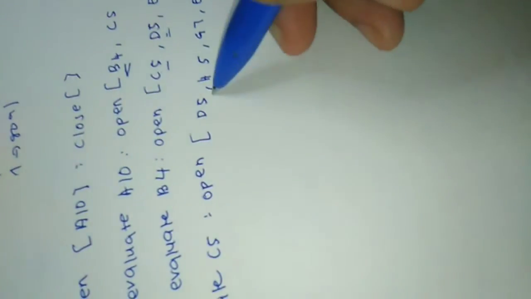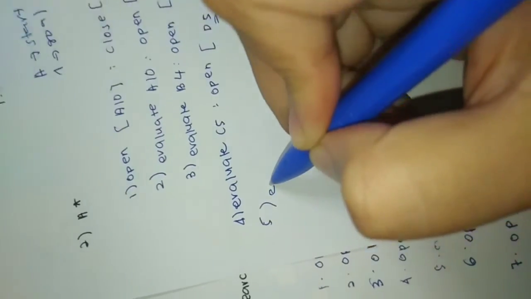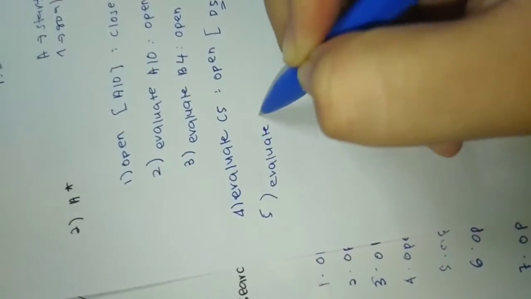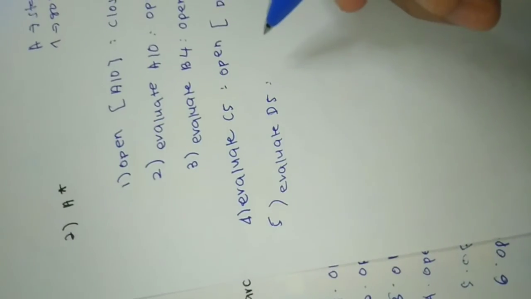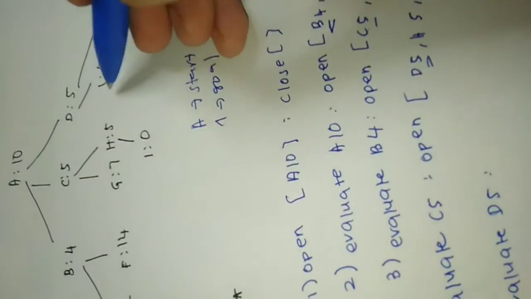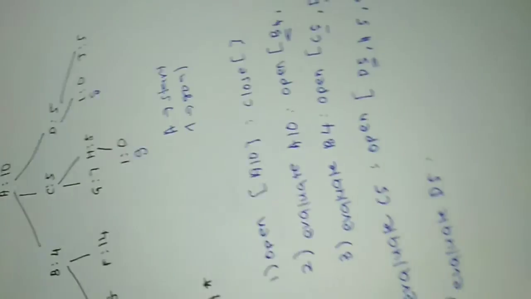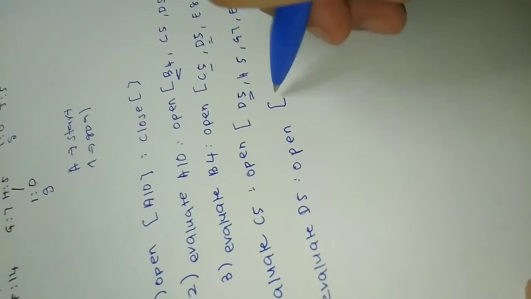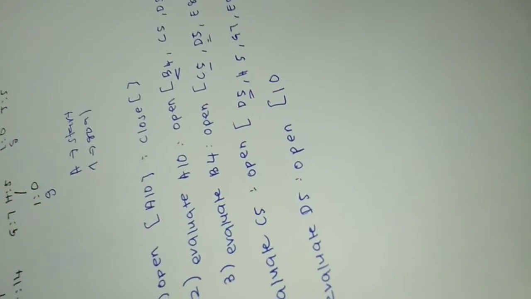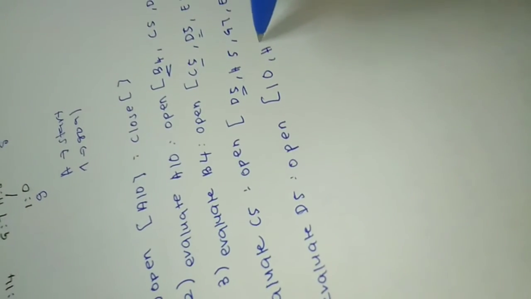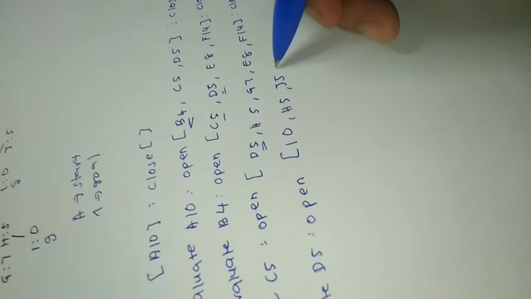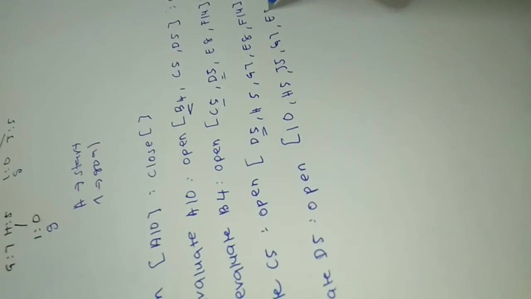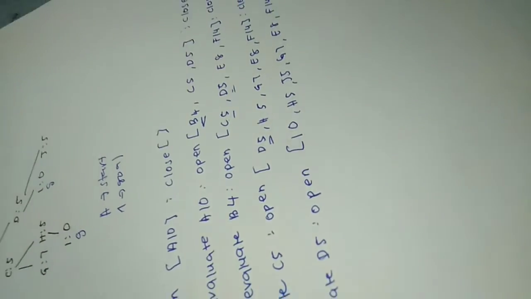Alright, the next step is evaluate D5. We have D5 over here. So evaluate D5. You can see under D5 we have our goal here, and this is also our goal. So D5, we open. I goes to the front because I has 0, and then H5, I10, G7, E8, and F14.